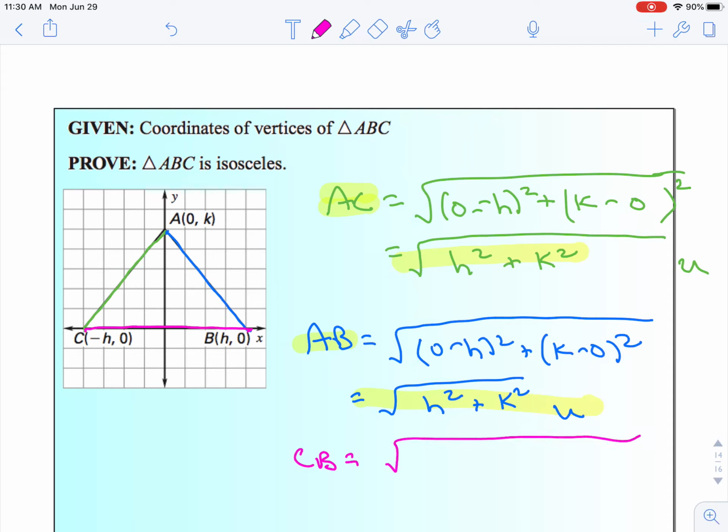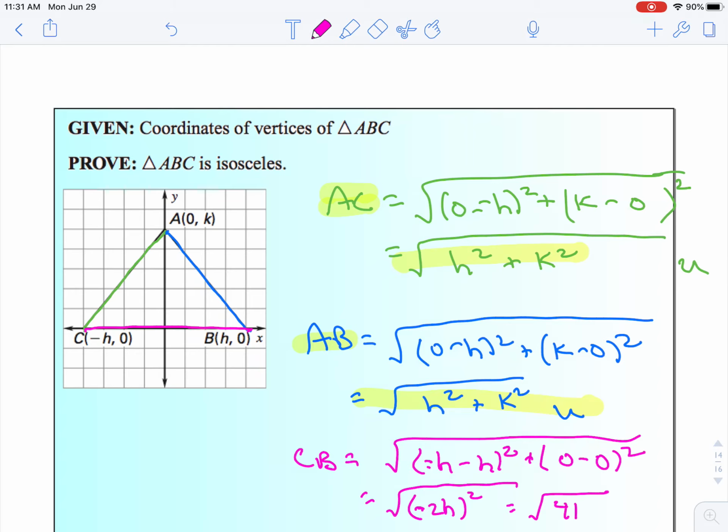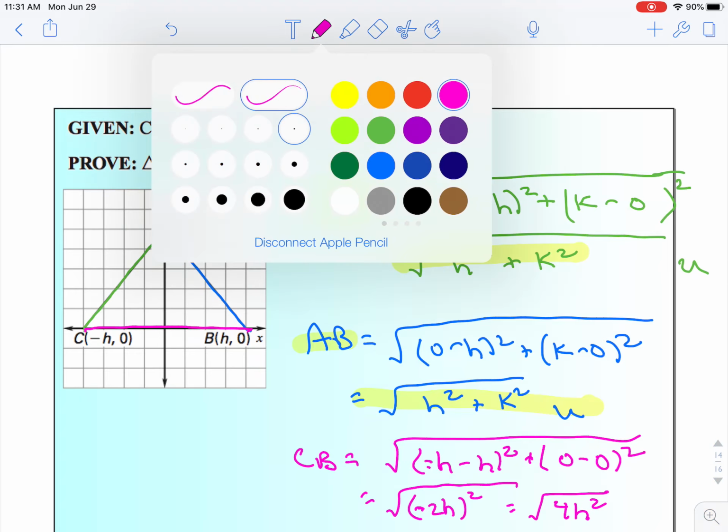So let's find the length of CB. So again, we take the difference of the x's, so we got negative h minus h, squared. Difference in the y's, 0 minus 0, squared, so that's just going to be 0. So now, what I have here is negative h minus h is going to give me negative 2h, squared. And so that gives me negative 2h times negative 2h is 4h squared.